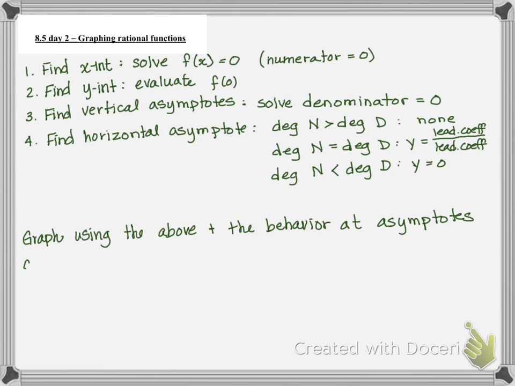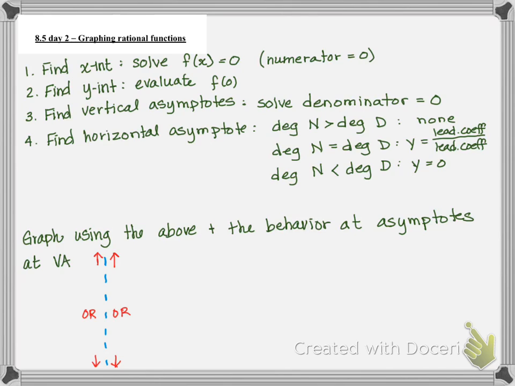So at a vertical asymptote, to the left, it's either up or down, and on the right, it's either up or down. And there is no correlation between them. Like it could be up, down, down, down. It's not like they have to go the same direction or anything.